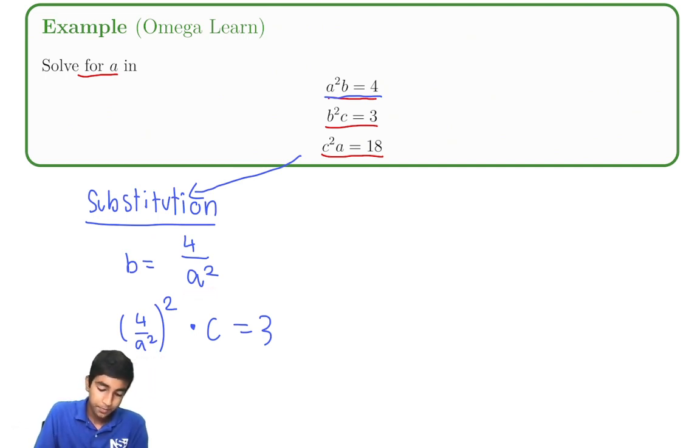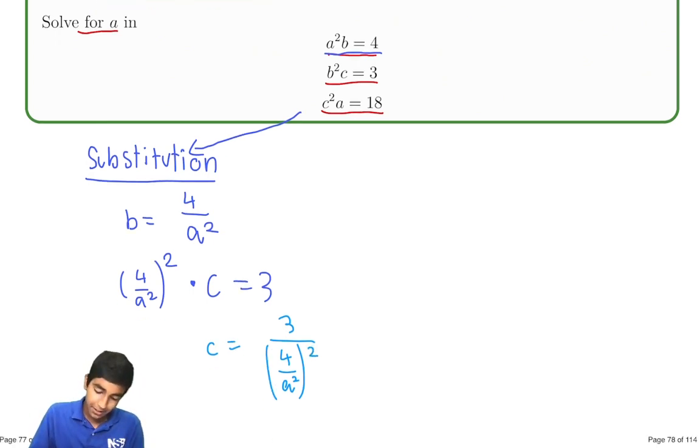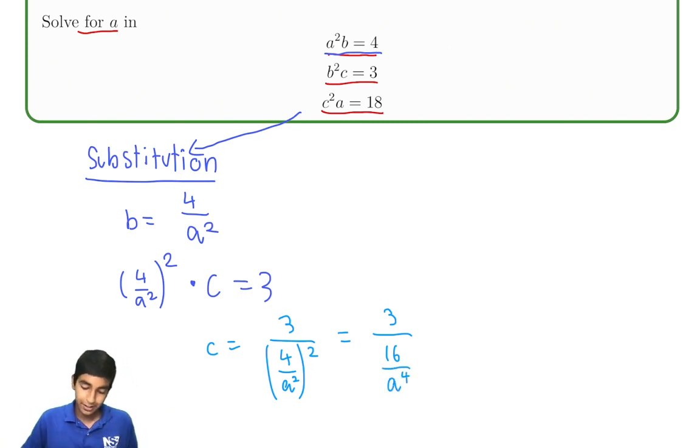So what is c? c is 3 over (4 over a squared) squared. Okay, this is just 3 over 16 over a to the 4th, because a squared squared is a to the 4th. And this is 3a to the 4th over 16.